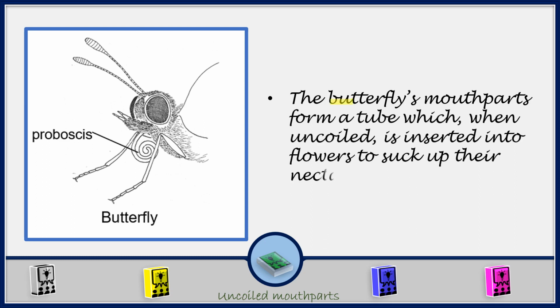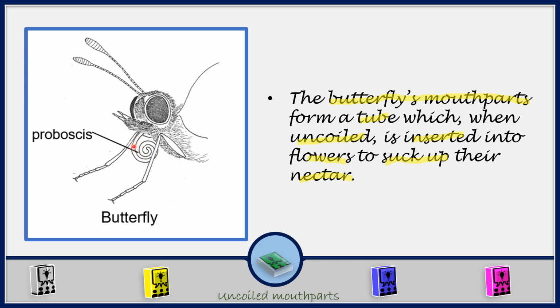Then we have the butterfly. The butterfly's mouth parts form a tube, which, when uncoiled, is inserted into the flowers to suck up their nectar. If you look at the butterfly, it has what we refer to as the proboscis.